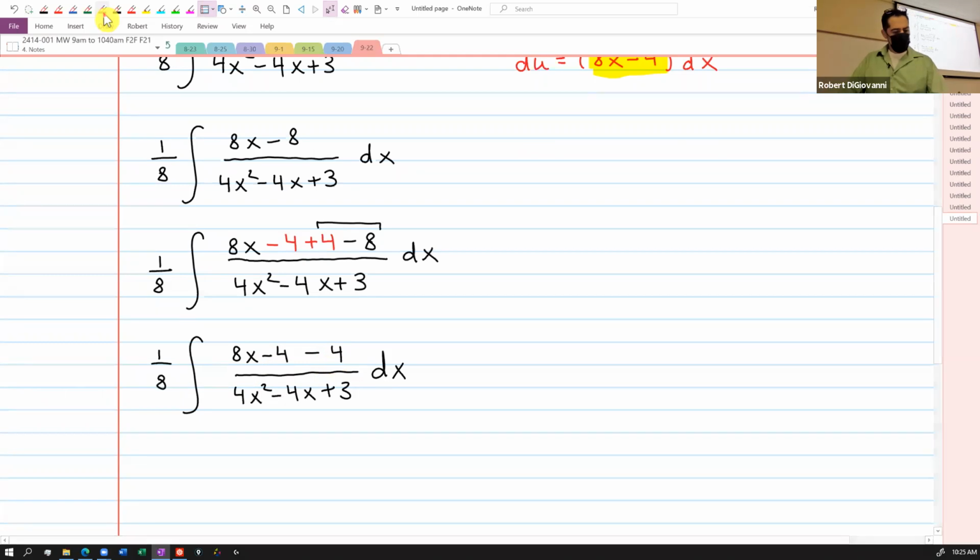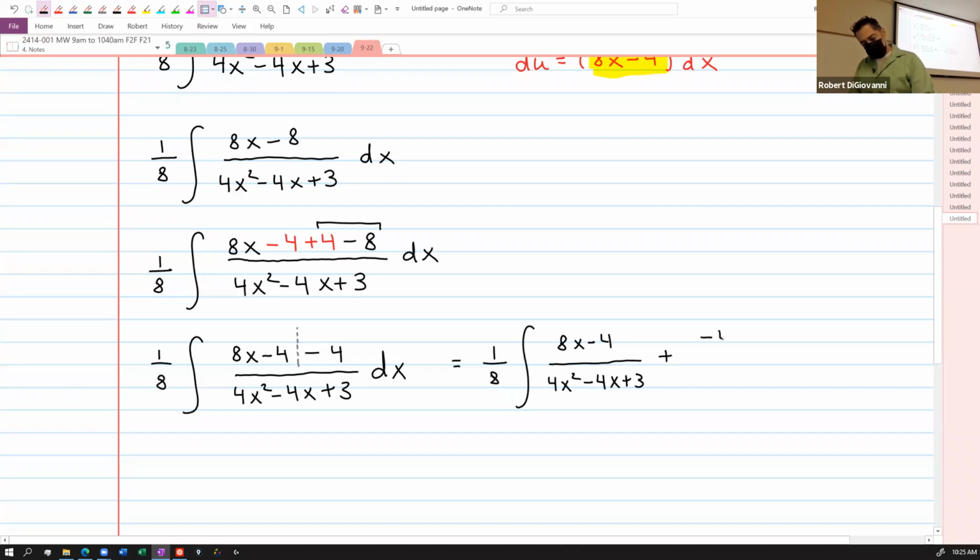That's okay. Because I'm going to split this now into two fractions. I'm going to make this into 1/8 integral 8x minus 4 over 4x squared minus 4x plus 3 plus -4 over 4x squared minus 4x plus 3 dx.